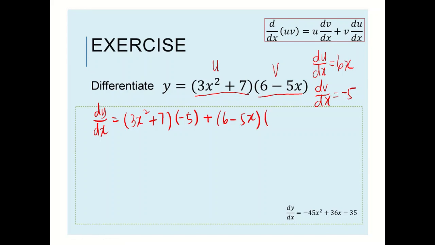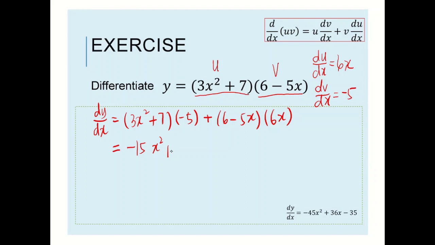Simplifying, negative 30x squared minus 15x squared gives negative 45x squared, plus 36x minus 35. This will be the final answer.